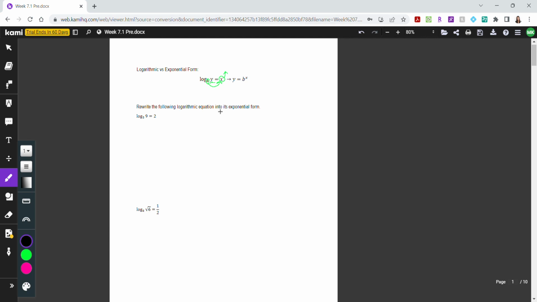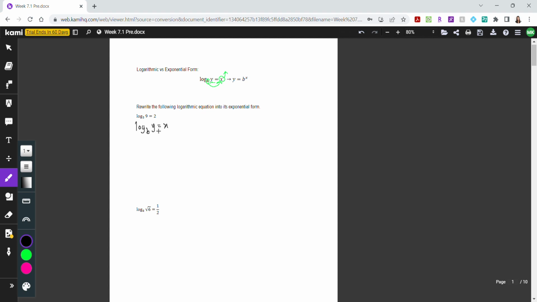All right, so now let's take a look at that when we are practicing. We have log base 3 of 9 equals 2. From here, let's write out the equation. Remember, we have log base b of y equals x. I want to bump the b up to here, and then the x becomes the exponent. y will stay where it is.